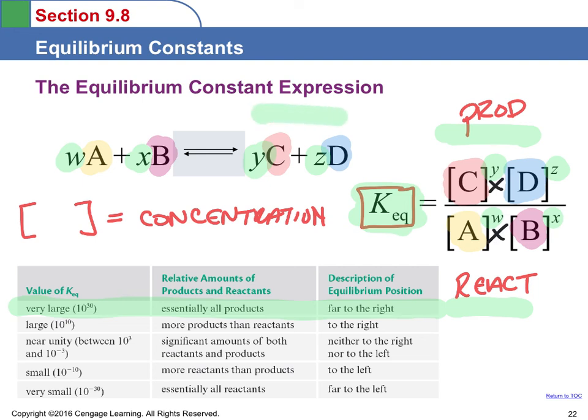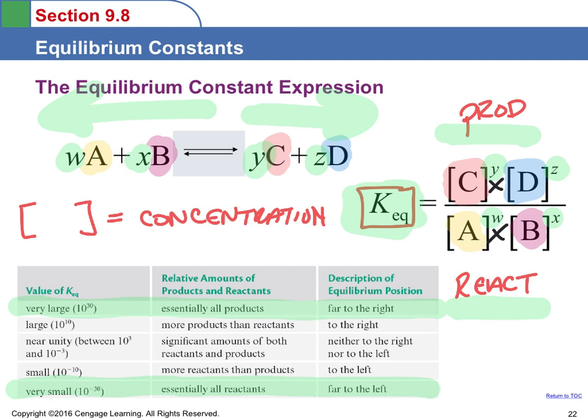The products are on the right, reactants are on the left. If the KEQ is very small, that means the bottom number has to be bigger than the top number, and then that means I have more reactants than products. So we say the equilibrium lies to the left, okay?